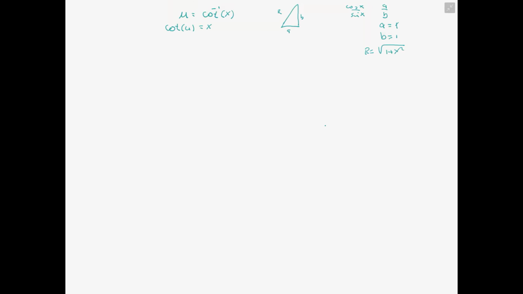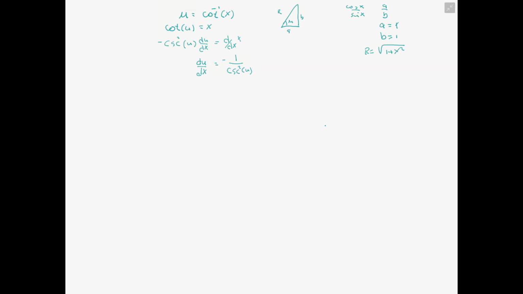So again, we take our derivative, which we know from past experience is the negative cosecant squared of u. du dx equals d dx of x, and so du dx equals 1 over, or negative 1 over, cosecant squared of u.